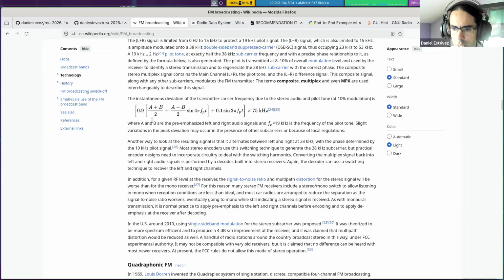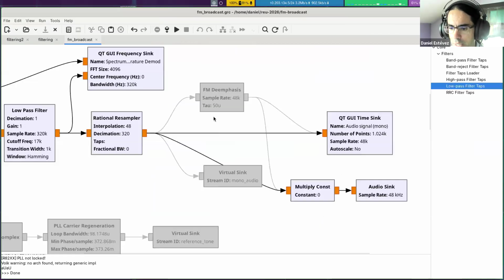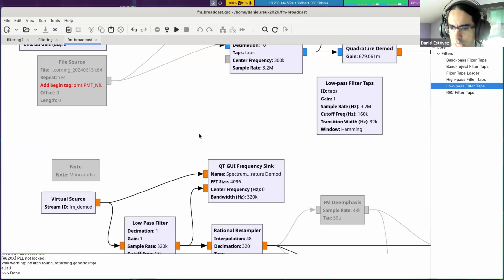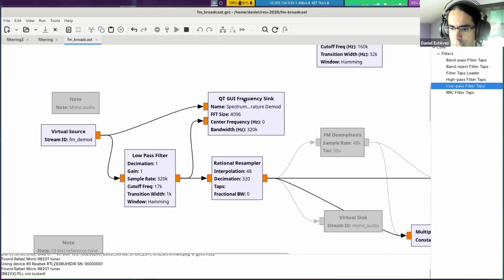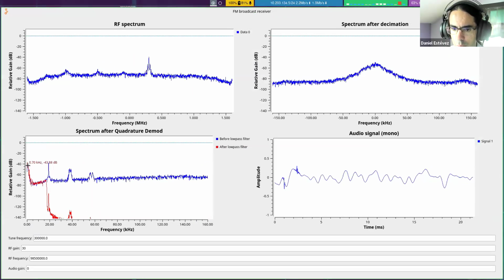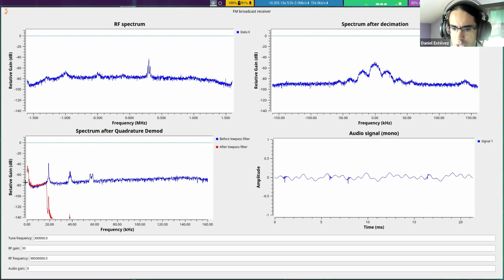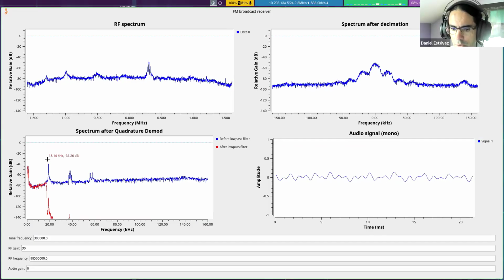But then the question is, okay, if we have the mono signal and we have the difference signal, how do we send these two signals over the same FM modulated thing? And the answer is we cannot send them right on top of each other. That would be equivalent to putting both of them here because they would interfere with one another.